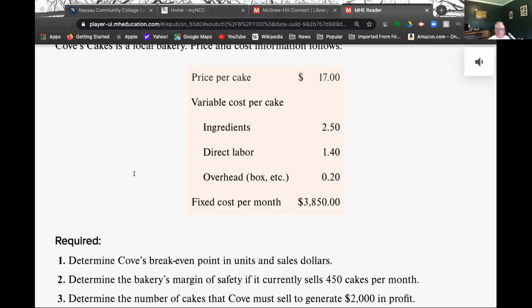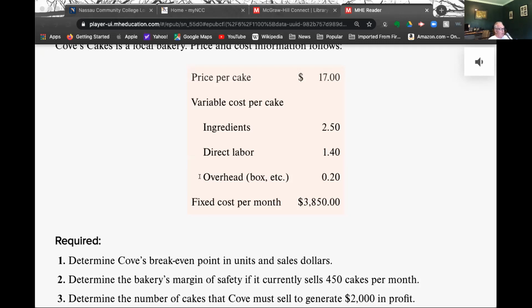So if it's less than 0.5, you round it down. If it's more than 0.5, you round it up. 298 cakes. We would have to sell 298 cakes to break even. In terms of dollars, if I multiply 298 cakes times $17 a cake, it comes out to $5,066.